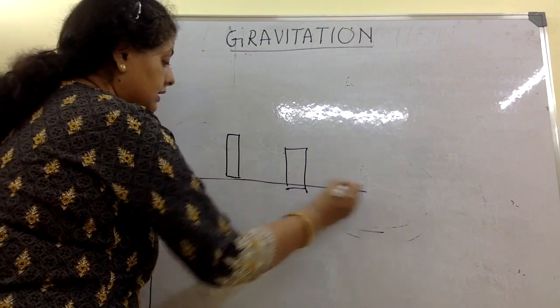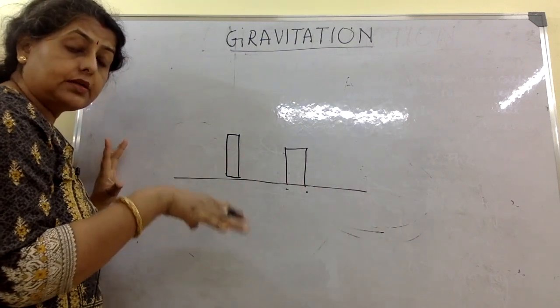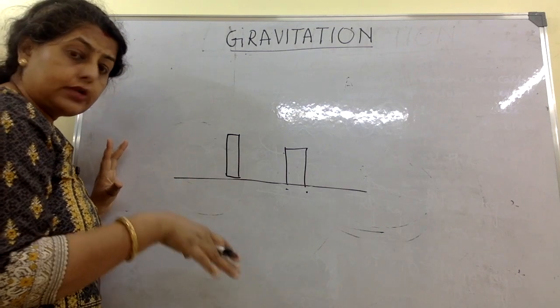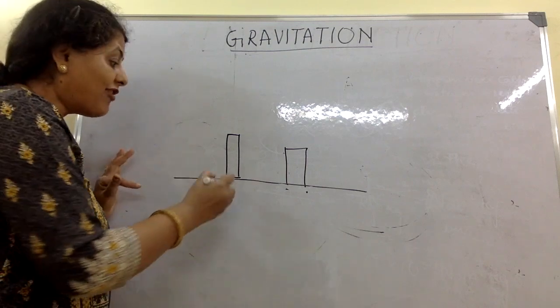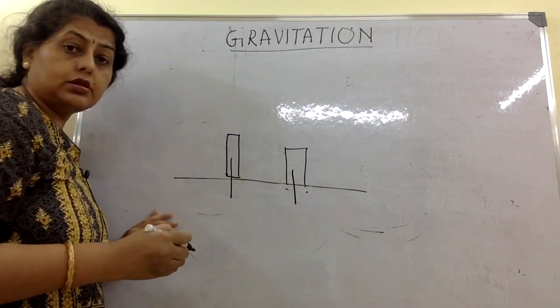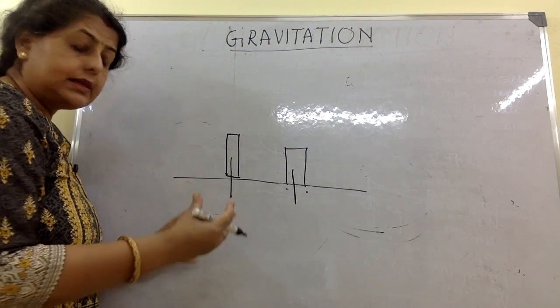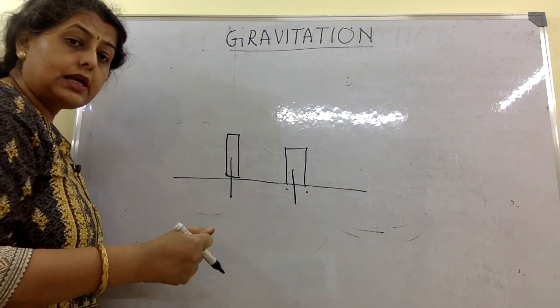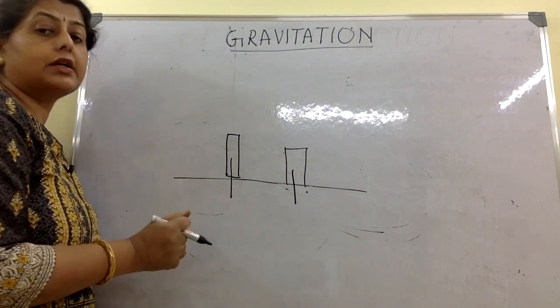The reason is simple. The earth is very big compared to them. So these bodies, you can say, in a way, have been pinned down to the earth. The force of attraction of the earth is so big that they have been pulled down to the earth, and they don't have the capacity to move anywhere else.